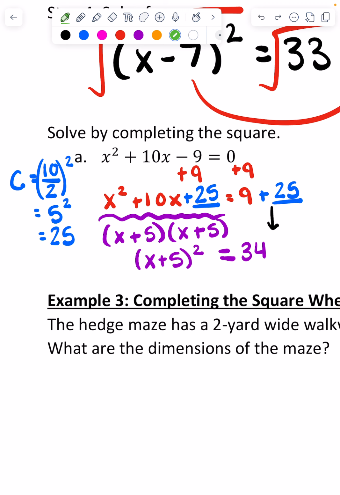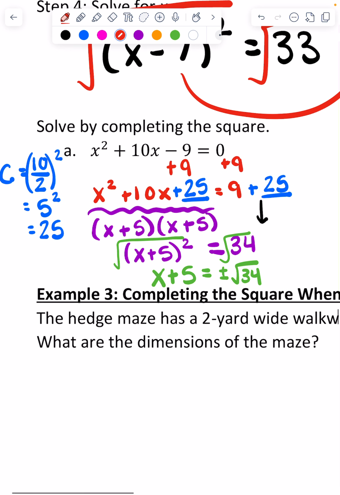Our first step always is going to be at this point to take a big square root. And when we do, we're left with just x plus 5 on the left-hand side. The square root and the 2 went away. And on the right-hand side, we're always going to have plus or minus every time we take a square root. And 34 is not a perfect square, so we can just leave it like that.